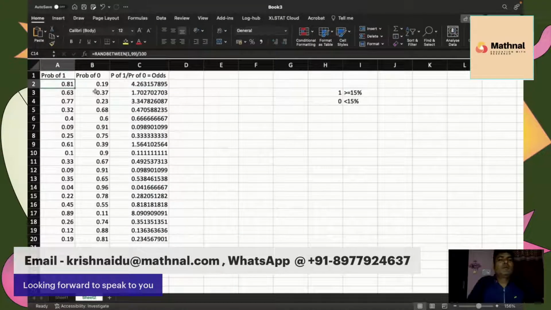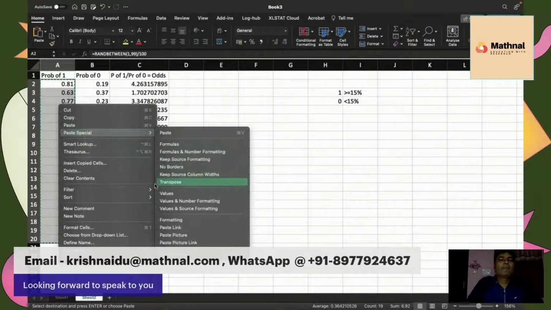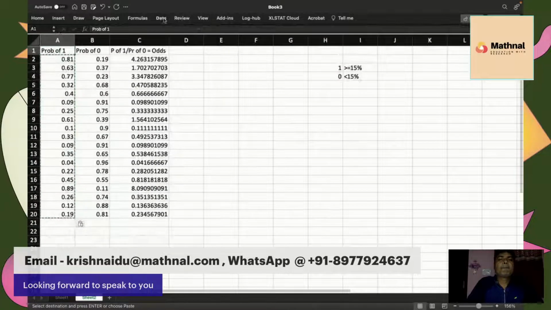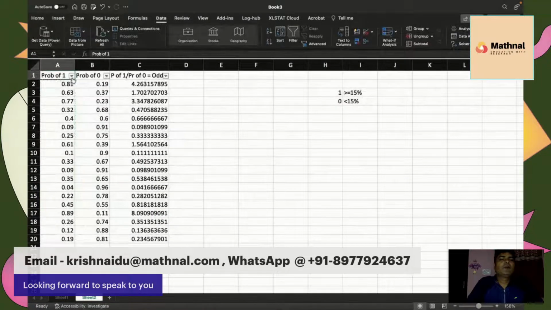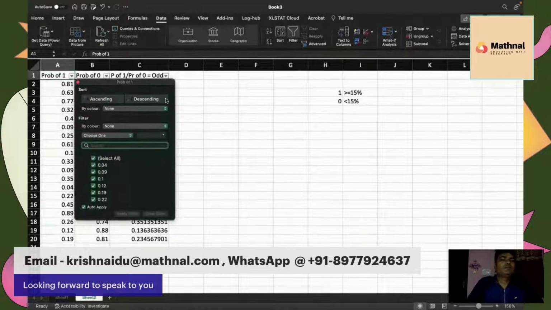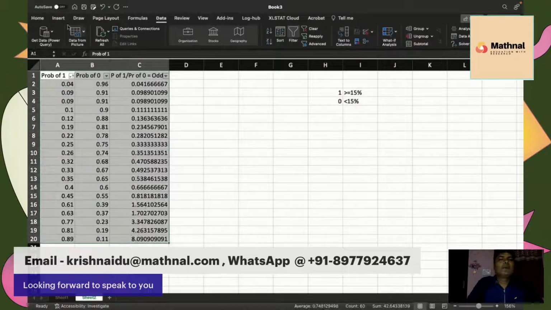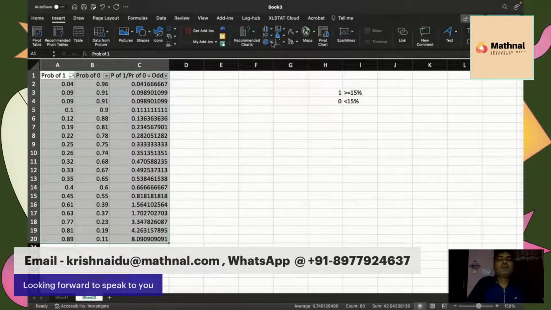Now I'm going to freeze these values, because they come from RANDBETWEEN, so they will keep changing and I want to make them fixed. I'll put a filter here and sort this data in ascending order. Then I'll build a chart to see the distribution.